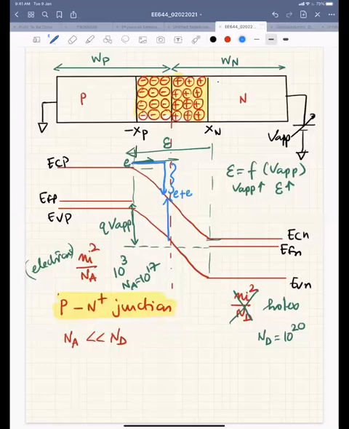And similarly I have a hole here, right? I have one hole, now I have two electrons, right? Okay, so now these two electrons will also accelerate in the field, and again they will also lose energy. When they lose it, they excite two more electrons.